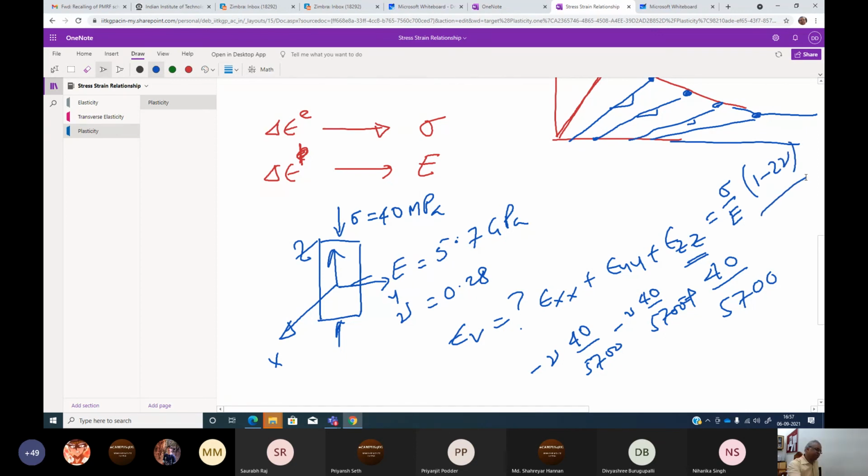This is the volumetric strain formula. When the stress is applied in one direction, let's say in this case the axial direction, and the other two directions are free, then this will be the formula.